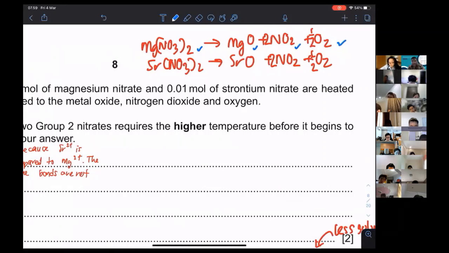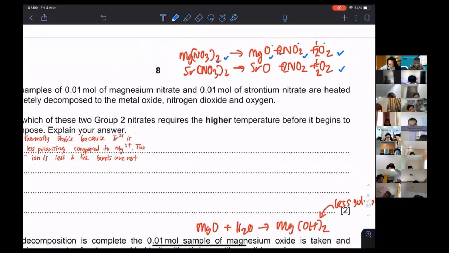I have even balanced it for you. I have 2 nitrogen, so I put 2 here. When I look at the oxygen, 6 oxygen, so I have 1 and then 4. I need 1 more oxygen, so I still need to put a half over here. The same thing, you repeat for strontium.